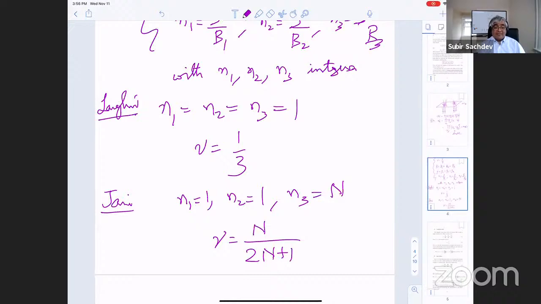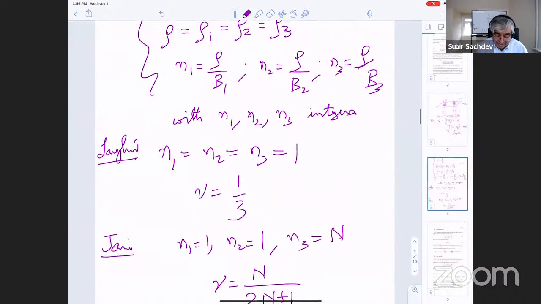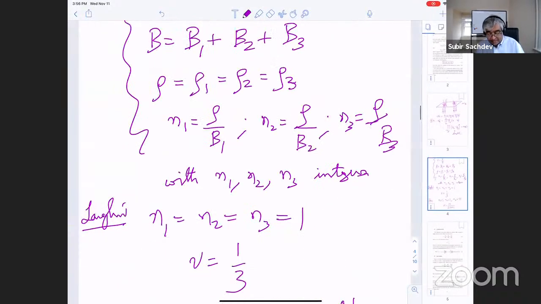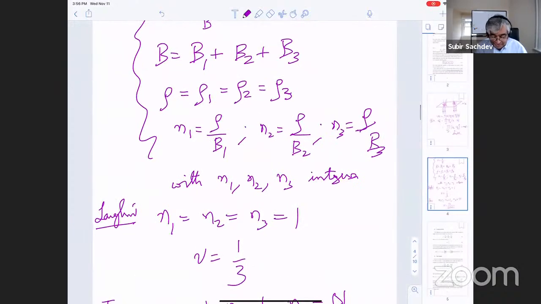Then Jain came up with this argument, pretty much the argument I've just presented, which gave this beautiful answer, smack on what's being observed. So with the benefit of hindsight, this is one of the triumphs of the parton approach, where the basic idea is you pick your partons carefully and then try to find a mean field that has a gap. And then there's a pretty good bet you're onto something.